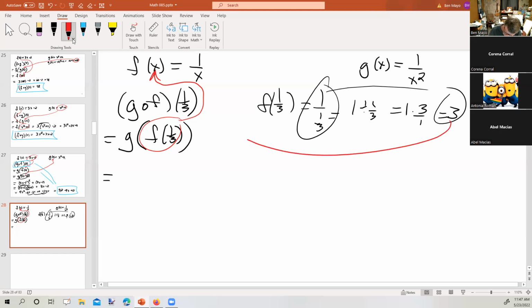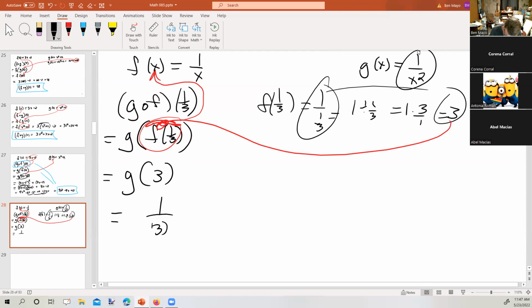So that's going to go in here. So that gives us g of 3, because f of 1/3 was 3. G of 3 is going to be 1 over 3 squared, which is 1/9.